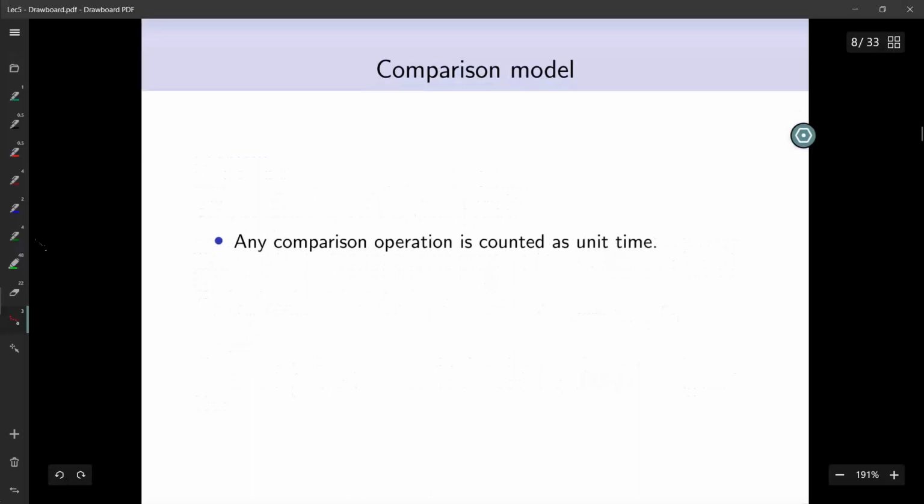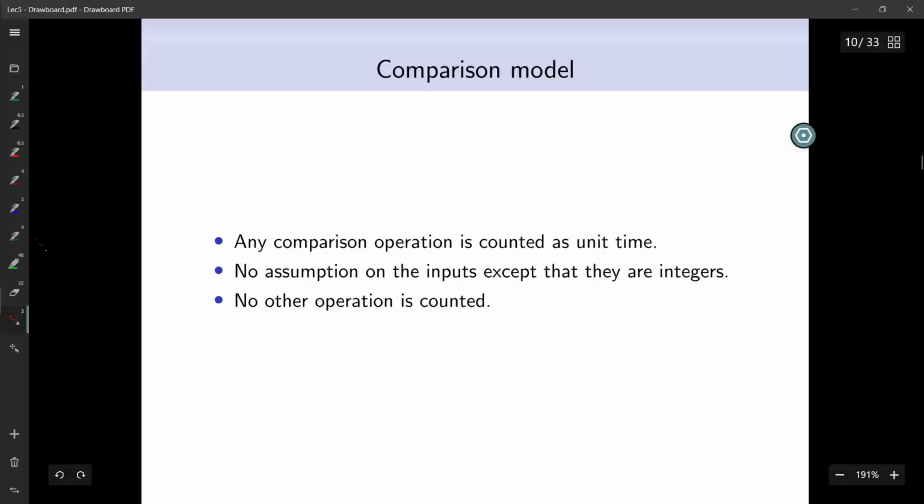Just to be precise, I'll put the comparison model here. Any comparison operation is counted as a unit time operation. No assumption on the inputs except that they are integers, and we will not count any other operation.